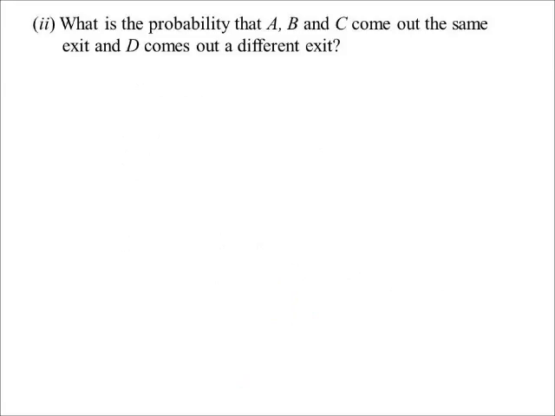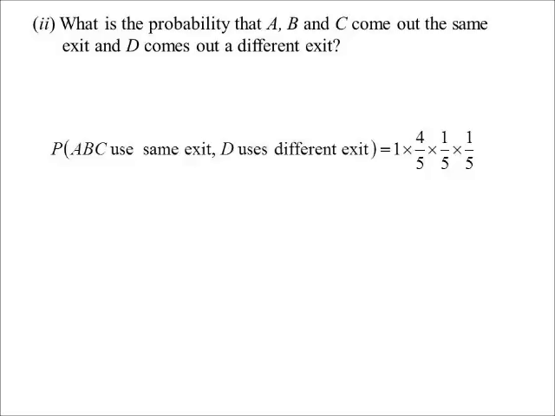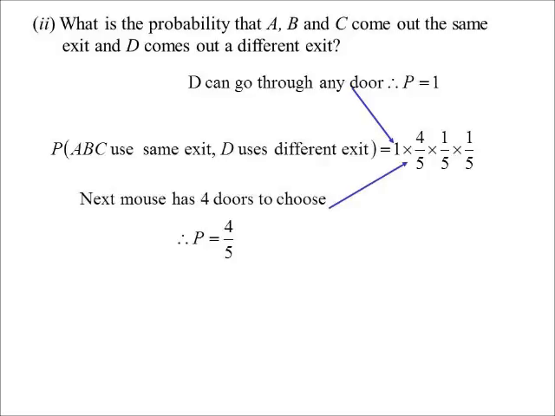Now the probability that A, B and C go out the same exit, and D goes out a different one. So I can start again. Okay, let's roll the mouse. So D, I'm going to look after D first. D goes along, can go out of any exit, probability of 1. The next mouse comes along, its restriction is it can't go through the same one as D. So it's got 4 choices out of 5.